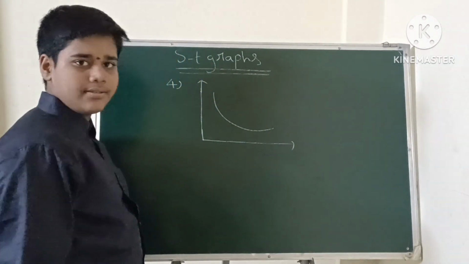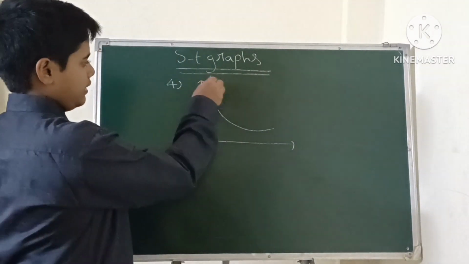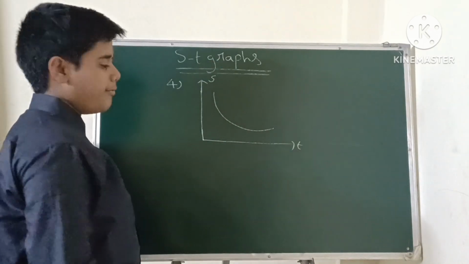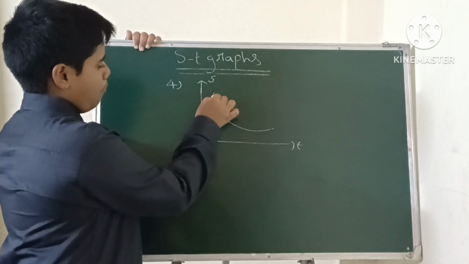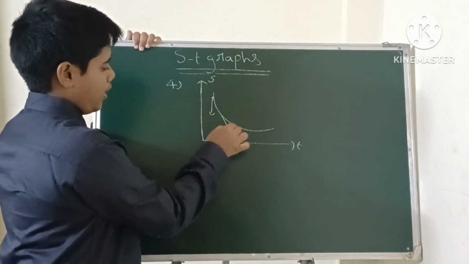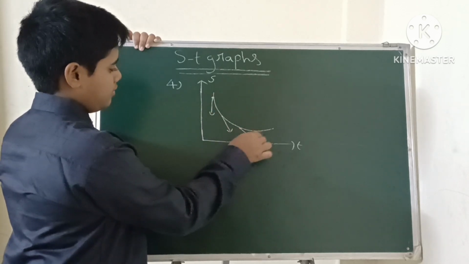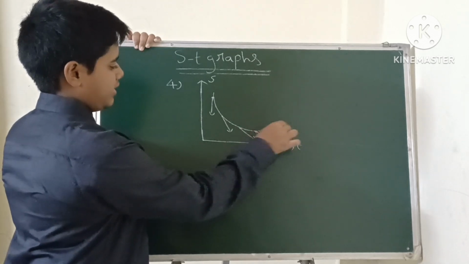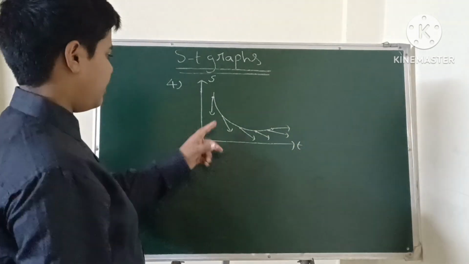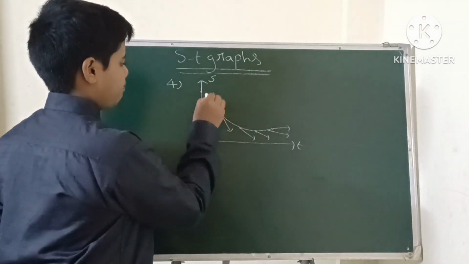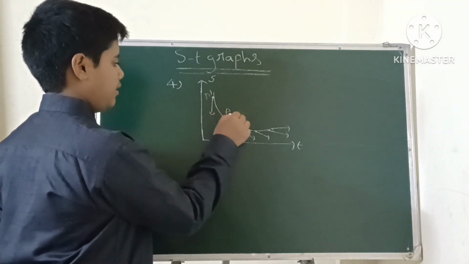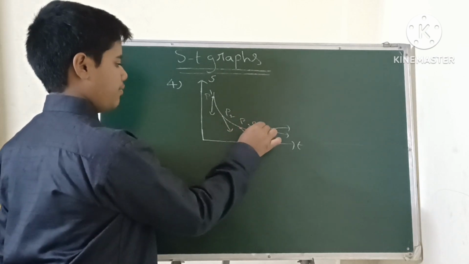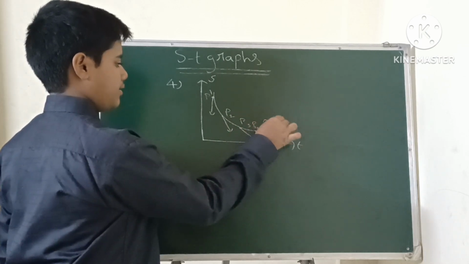If they give a curve like this, ST, they give an ST graph like this. The slope varies from point to point. Here the slope varies. I am taking P1, P2, P3, P4, P5 and P6.